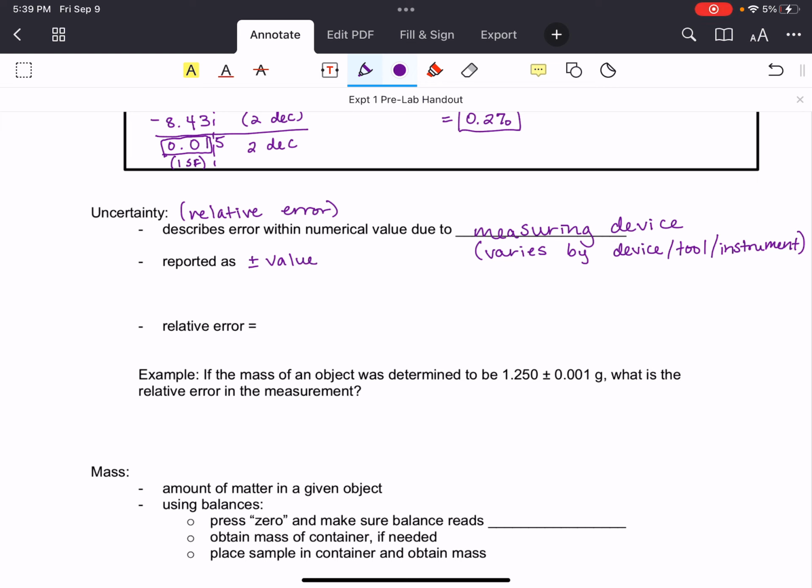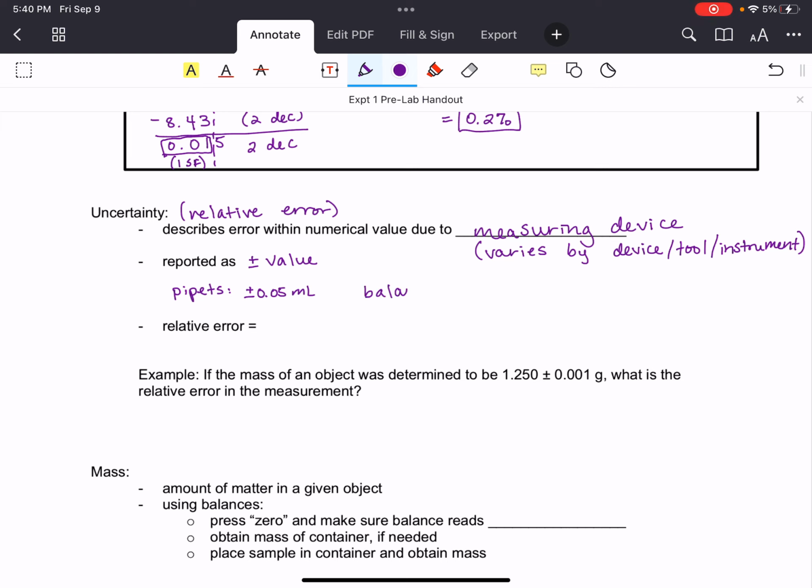Most instruments, including burettes, pipettes, even balances, will have a plus or minus value when you look at them. Typically, pipettes will have something like plus or minus 0.05 milliliters, and this comes directly from the manufacturer. They tell you how precisely you can measure different volumes in their pipettes.